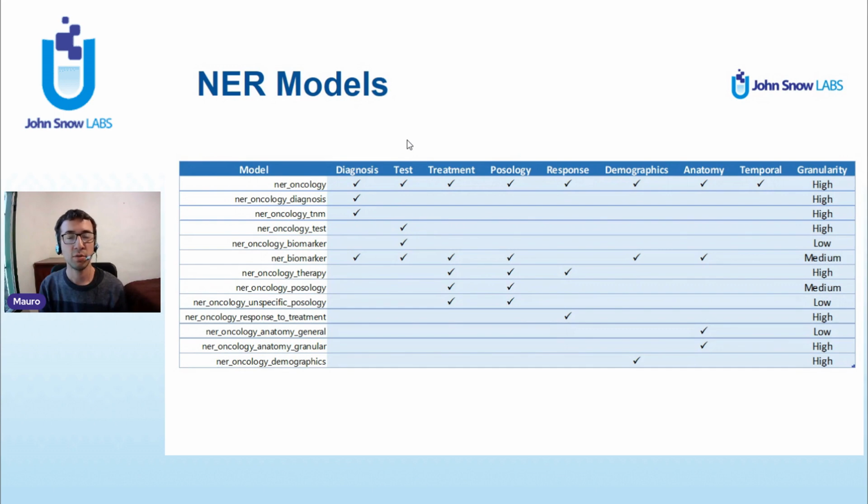What I would recommend you to do is when you're developing your NLP pipeline, you can include more than one NER model, and then you can check the extractions of those models to see which one fits best your use case. And also, if you're happy with more than one of them, you can always use a NER merger to combine the extractions of multiple NER models.